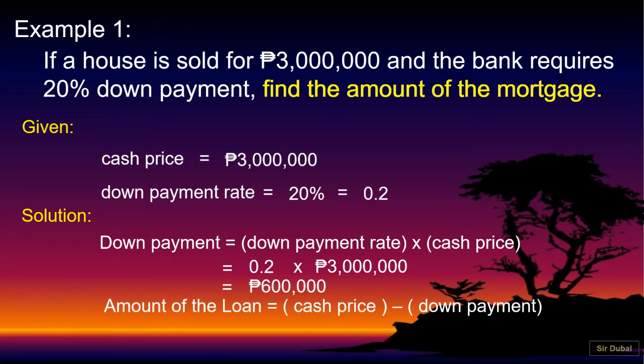Then the amount of the loan equals the cash price minus the down payment. Our cash price is 3 million pesos minus the down payment that we solved a while ago, 600,000 pesos. The result is 2,400,000 pesos.